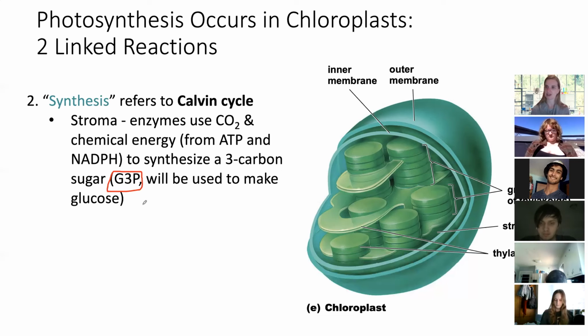G3P is actually the carbohydrate that we make in photosynthesis, and then it goes on after that to be further modified into the 6-carbon sugar that we know as glucose. All right, so I don't want you to get confused or lost. I wanted to point that out. Our actual direct product coming out of photosynthesis is going to be the G3P molecule.